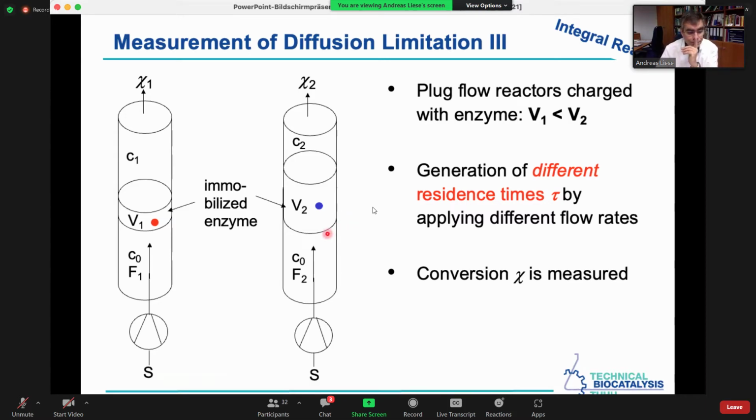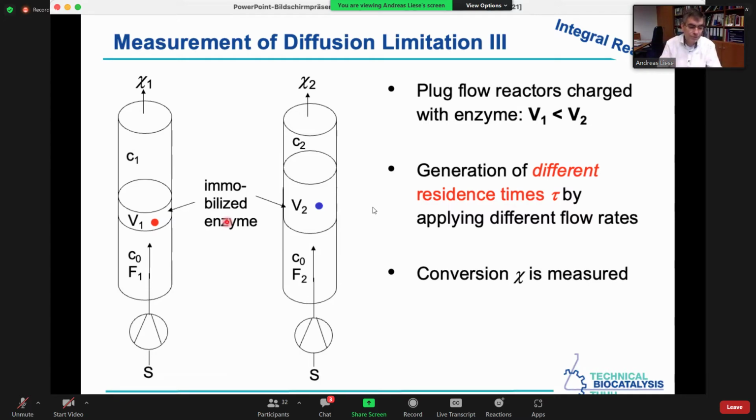Now the trick is, we generate different residence times in both reactors. So we install not only one residence time and look just at the flux change. In the left reactor as well as in the right reactor, we're installing, let's say, 10 different residence times, 10 different fluxes, but identical left and right.